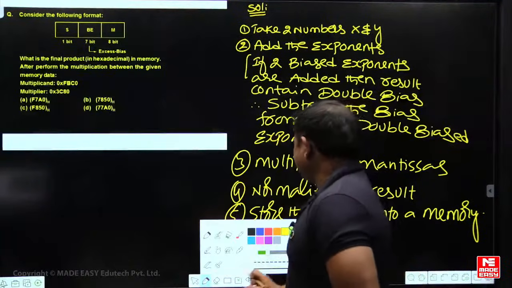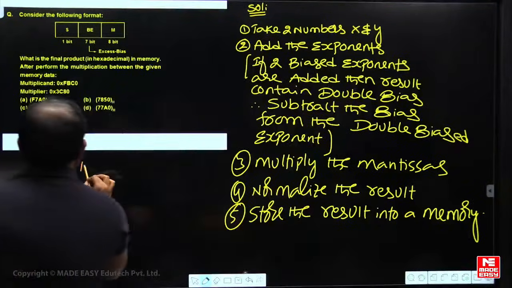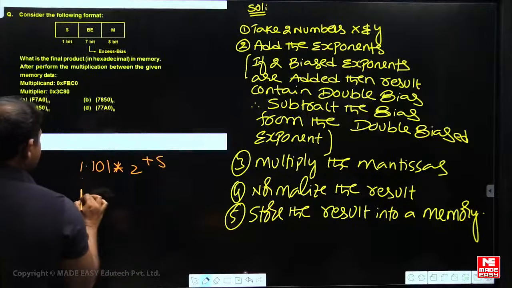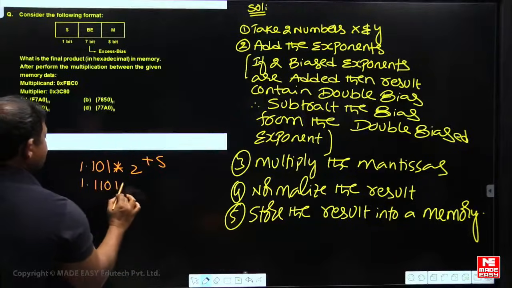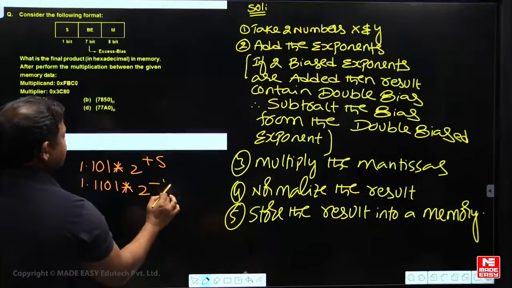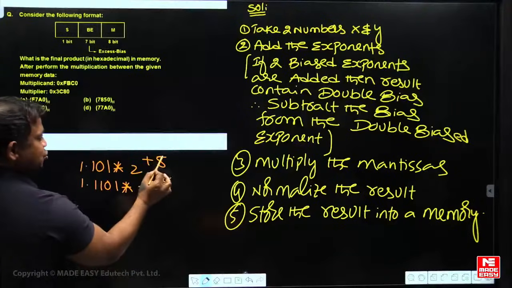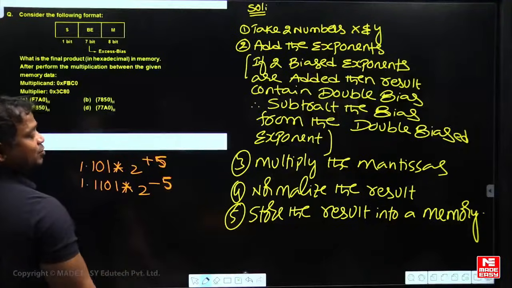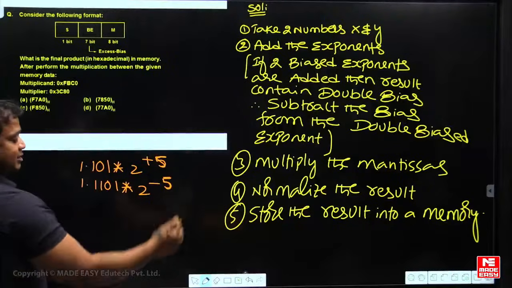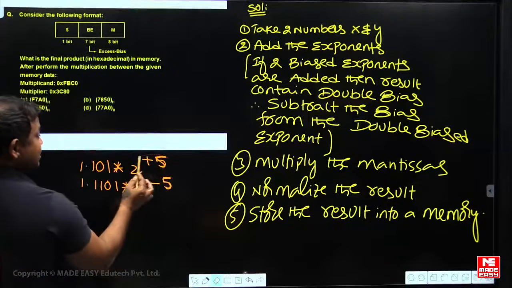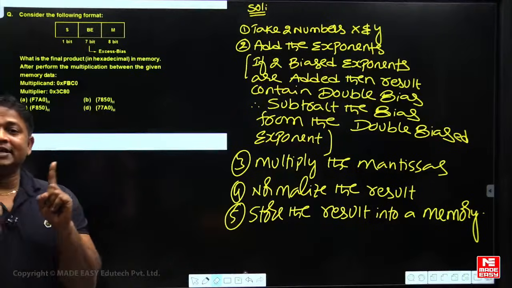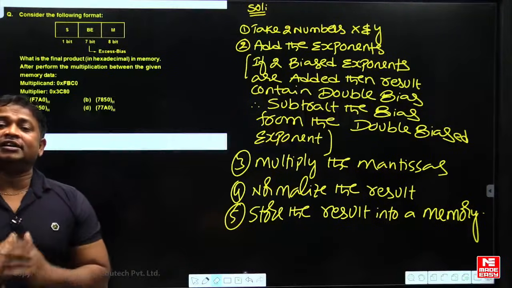For example, 1.101 into 2 to the power of plus 5, and 1.1101 into 2 to the power of minus 5. These two are the actual exponents. If actual exponents are added, there is no double bias. But if biased exponents are added, the result contains the double bias.